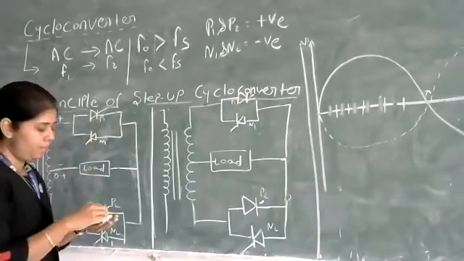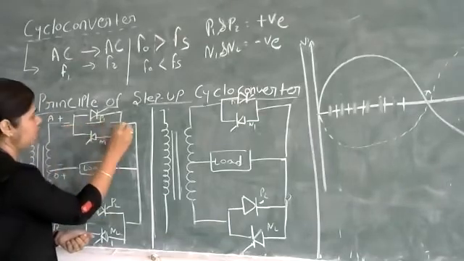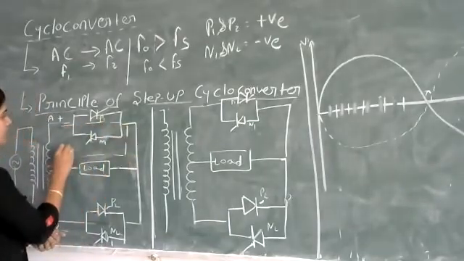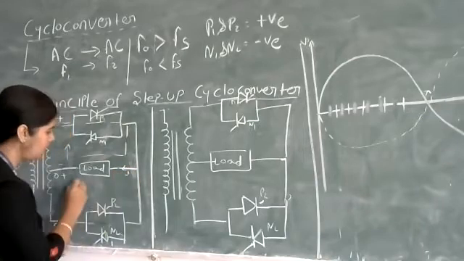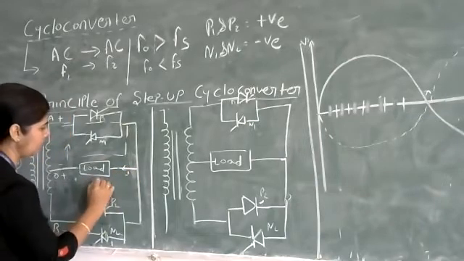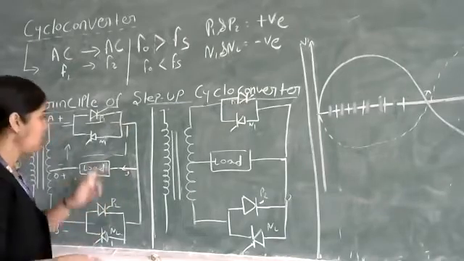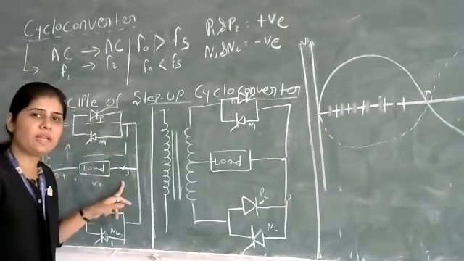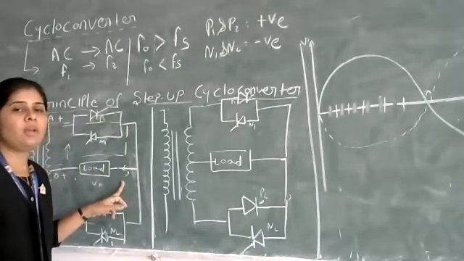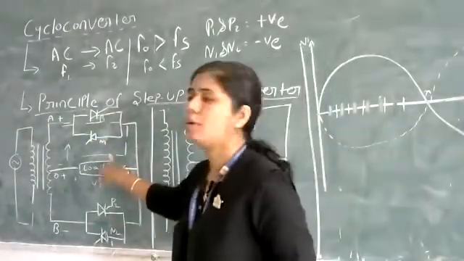So our current flows along this path. The load current flows in the same direction as the reference direction, so we get the output voltage of the cycloconverter on the positive side.